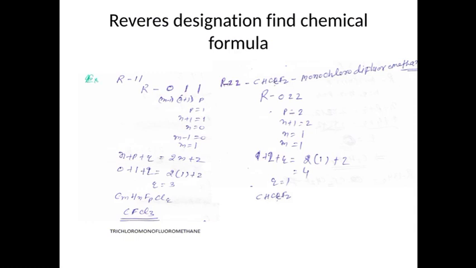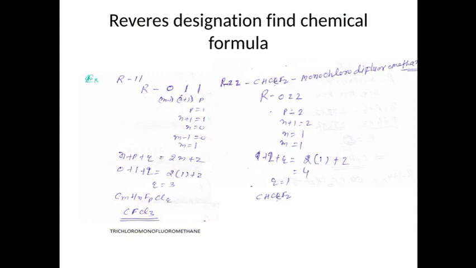Example 2, R22. Okay, so first we will make R022, then we correlate this with M minus 1, N plus 1 and P. So P here is 2, then N plus 1 equals 2, then N equals 1. Similarly, M minus 1 equals 0, then M equals 1.